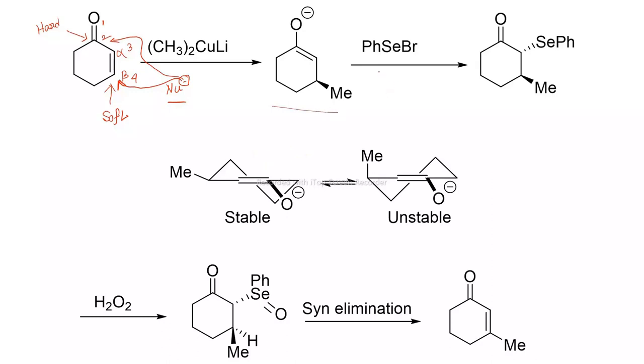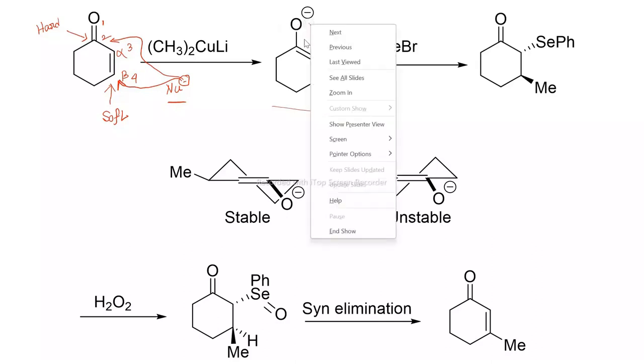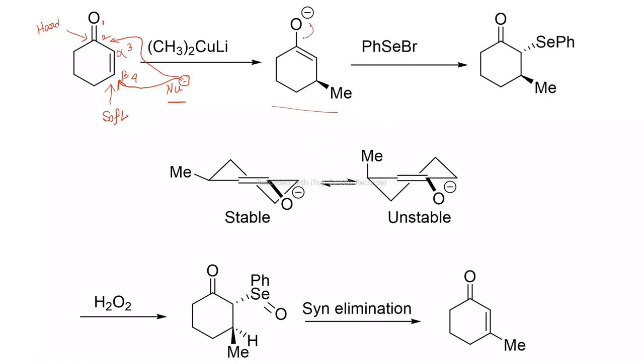Now after that, another reaction will happen, that is with phenyl selenium bromide. In that case, this will be happening basically due to an SN2 reaction. This oxygen will come like this, and this bond will attack here, and selenium and bromine will leave. So we'll get this product.